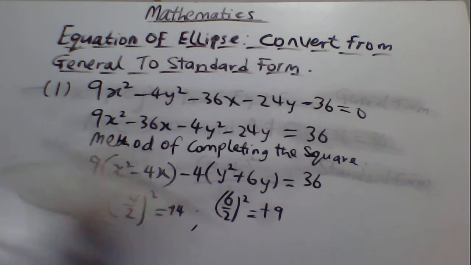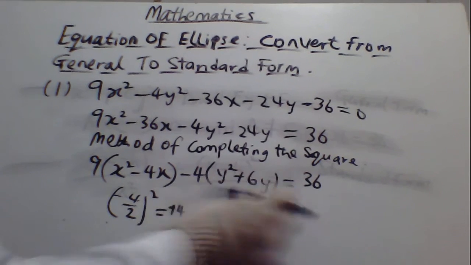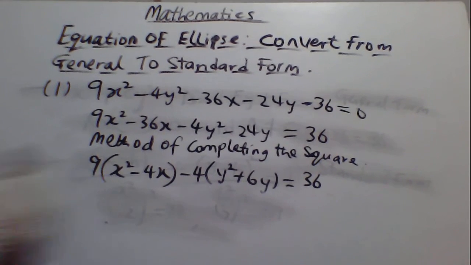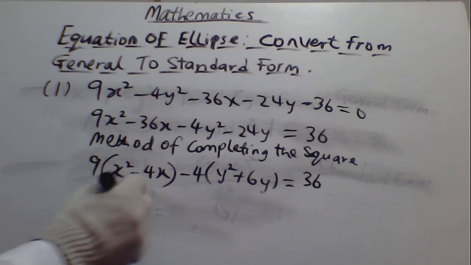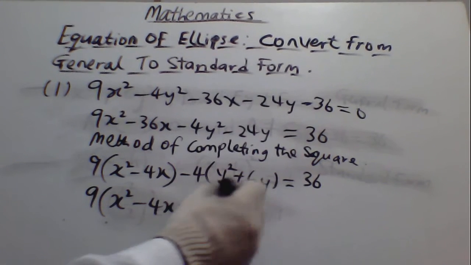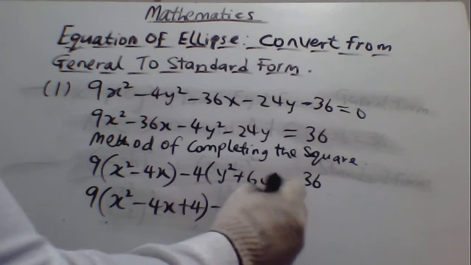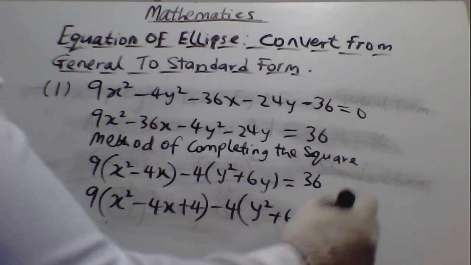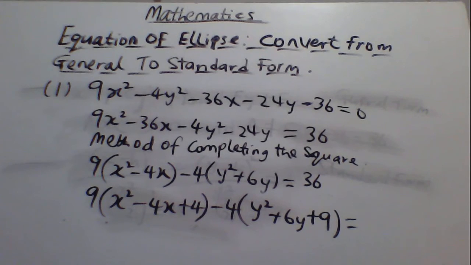Having known the terms to use, we can now complete the square. So we have 9 in bracket x squared minus 4x plus 4, minus 4 in bracket y squared plus 6y plus 9, equal to.